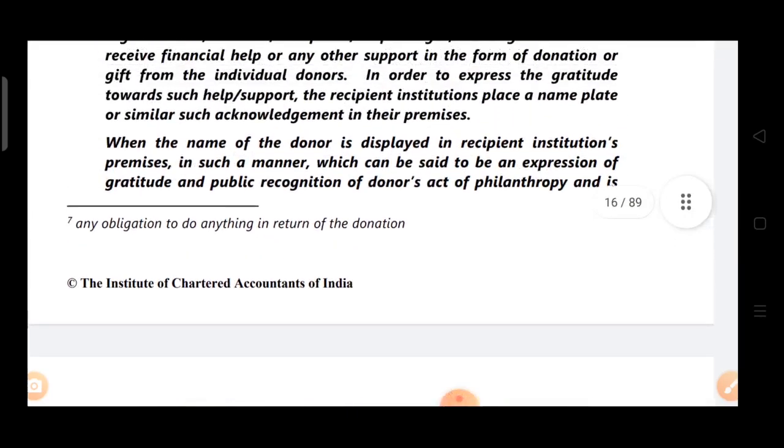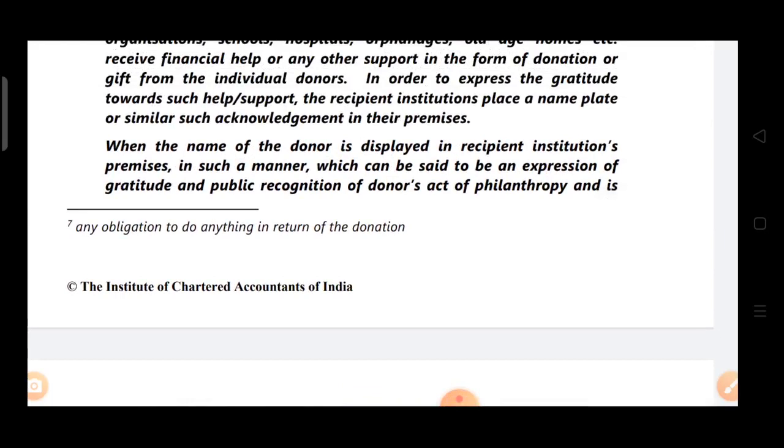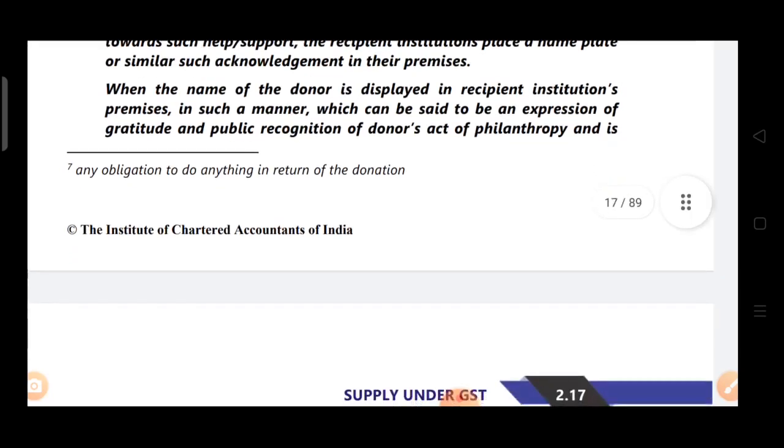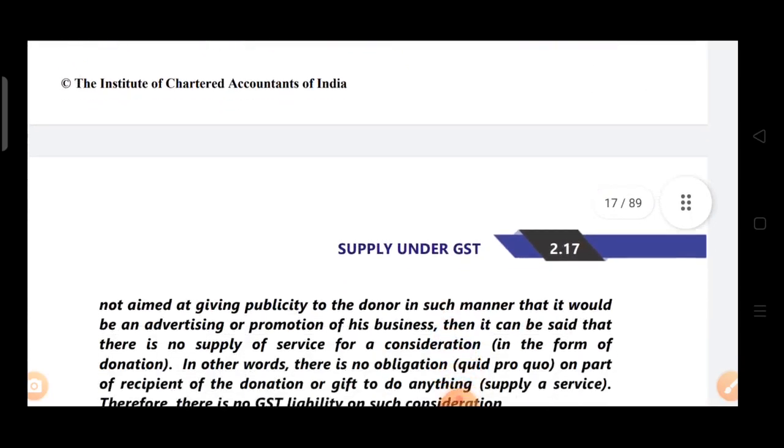Now suppose, just to express gratitude, the nameplate of that person is placed in the premises of that charitable institution. The motto of displaying the donor's name is not to give publicity or to advertise his business. The motto is just an expression of gratitude.